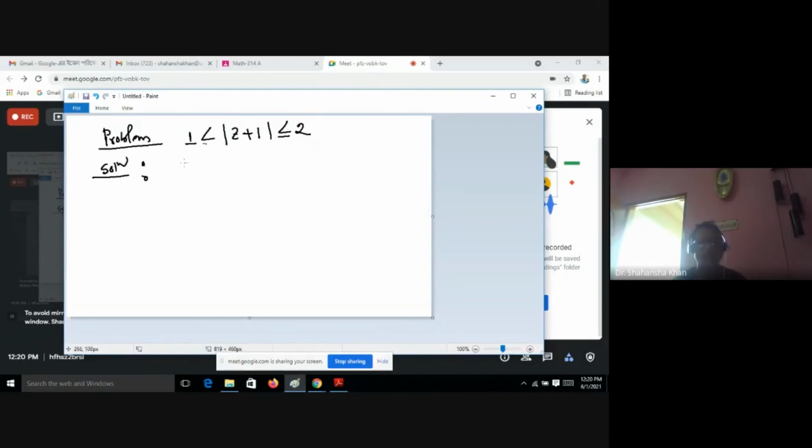So at first we can simplify. 1 less than or equal to modulus of z plus 1 less than or equal to 2, where z equals x plus iy. Here x plus 1 is the real part and iy is the imaginary part, so we can represent the complex number in this form.